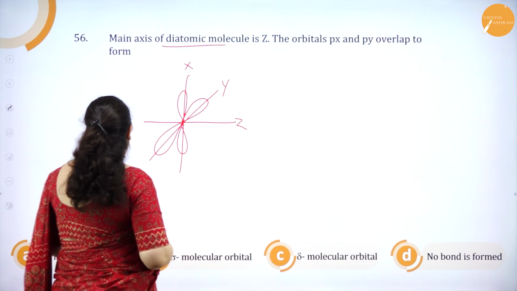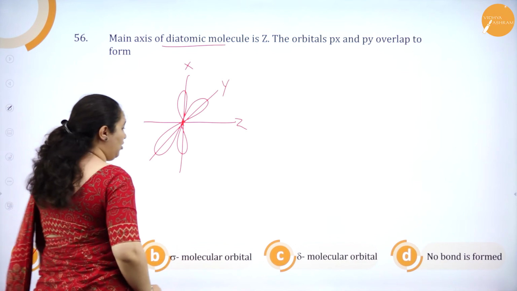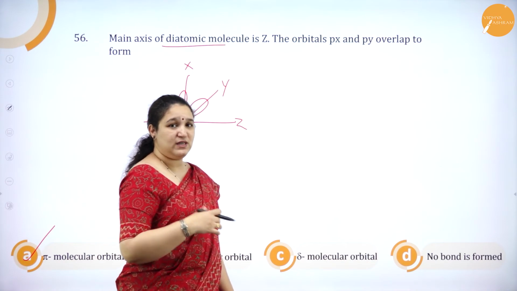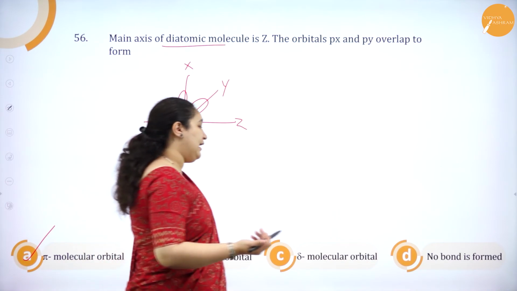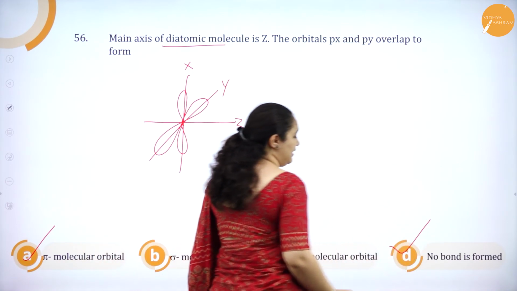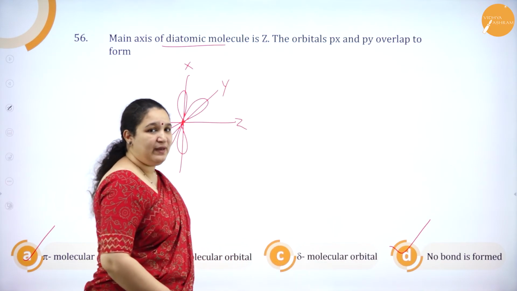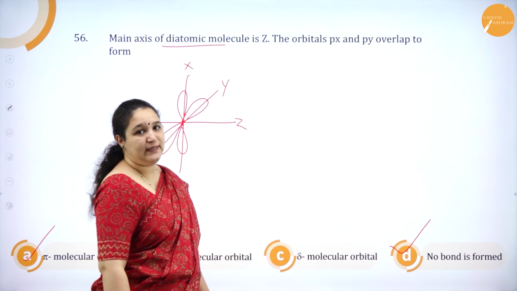It can form pi molecular orbital, or sometimes it cannot be feasible also and no bond can be formed as well. So it can be option A or D.